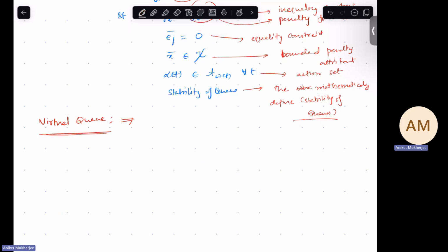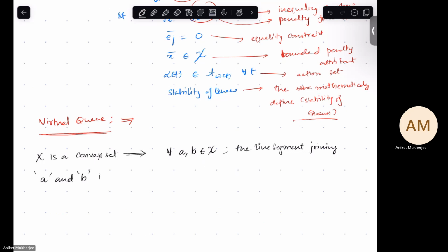Suppose X is a convex set. What does this imply? This implies that for all A, B belongs to X, the line segment joining A and B also belongs to X, then X is a convex set.